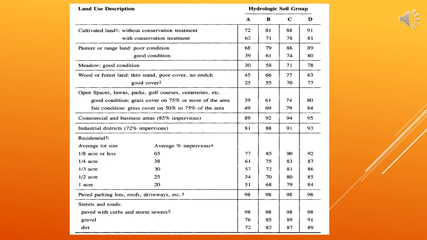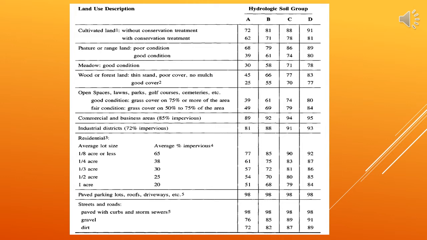As you see here, we have A, B, C, D groups, hydrologic soil groups, and we have land use description. According to land use description and soil group, we have the curve number stated here.